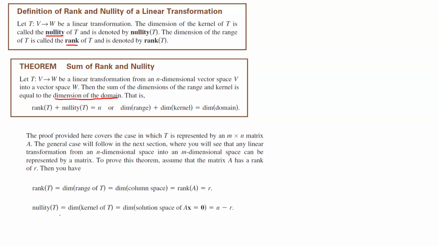The nullity of T is the dimension of the kernel of T. But remember that the kernel of T is nothing but the solution space of Ax equal to 0, which as we saw before is n minus r. So if you add the rank and nullity of T, it is r plus n minus r. You can cancel r and negative r, which is equal to n.